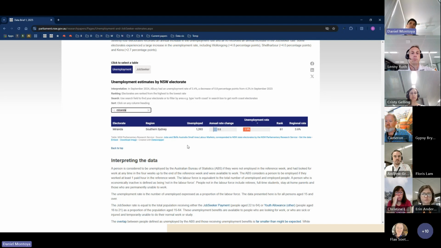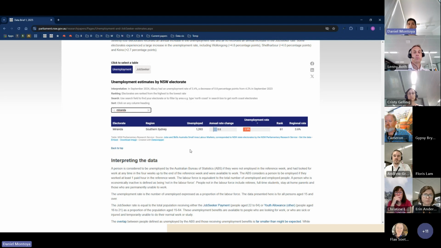This is showing me that in September last year, there were an estimated 1,393 unemployed people. The unemployment rate was 2.9%, which is a rise of 0.8 percentage points from September 2023. So in September 2023, the unemployment rate was 2.1. And the regional rate was 3.6%.